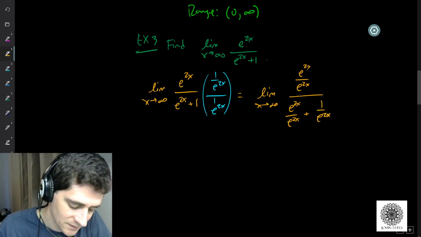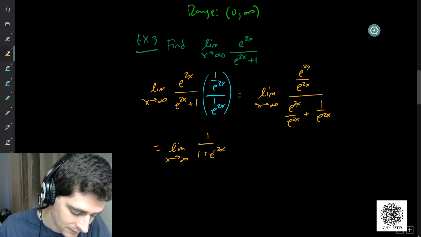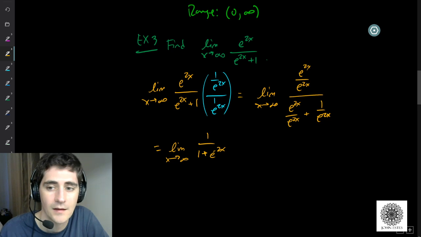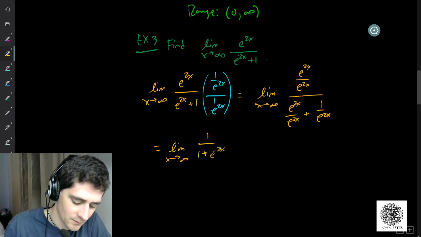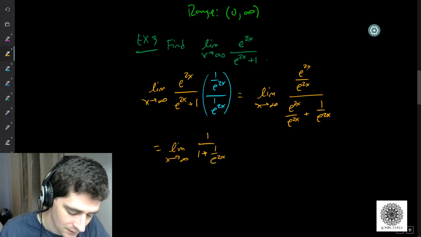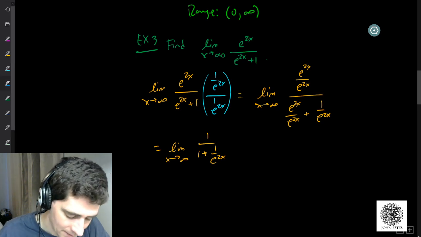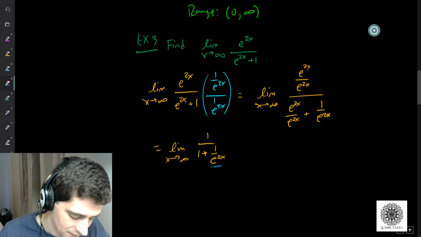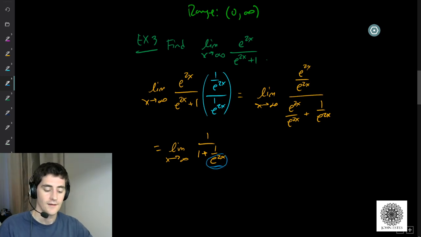Okay, so that simplifies to the limit as x approaches infinity of 1 over 1 plus, let's just say, e to the negative 2x. Or maybe it's more helpful to think of this as 1 over e to the 2x. So as I'm taking the limit going to infinity, what happens to e to the 2x as x goes to infinity?